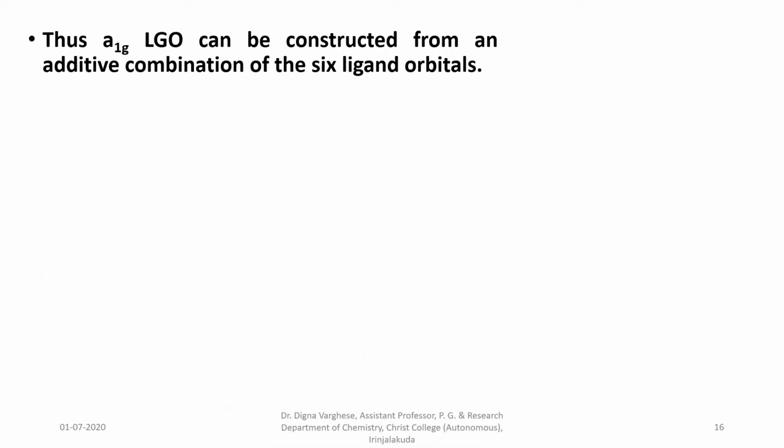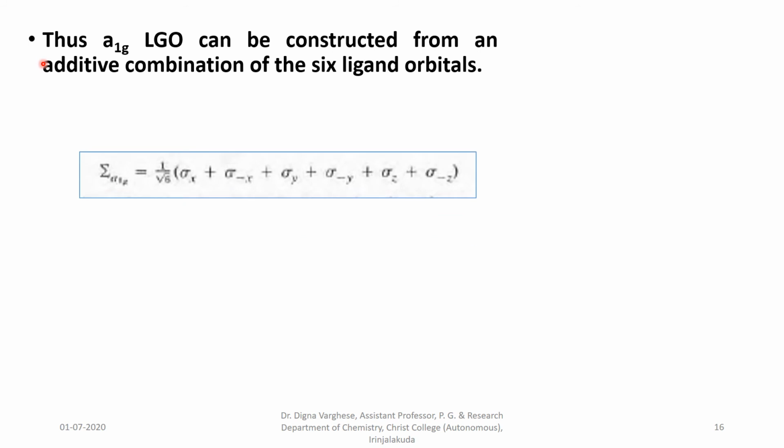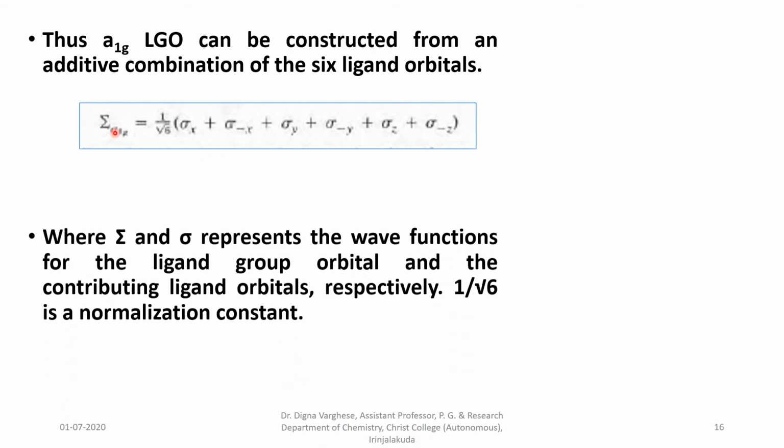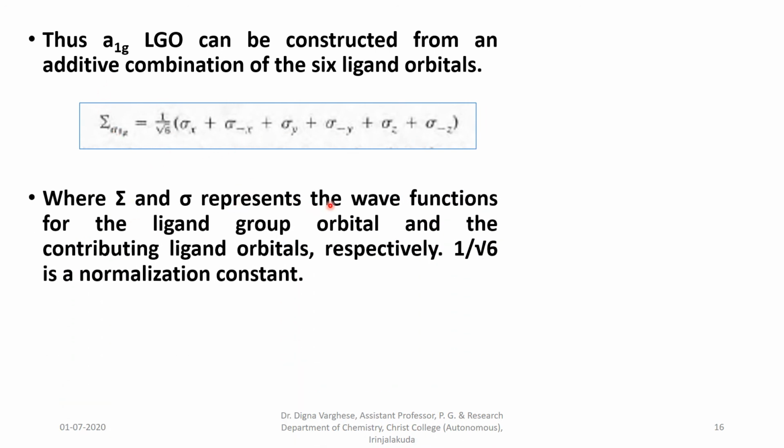The a1g LGO can be constructed from an additive combination of the 6 ligand orbitals, that is, sigma a1g equals 1 by root 6 times sigma x plus sigma minus x plus sigma y plus sigma minus y plus sigma z plus sigma minus z. In this, sigma represents the wave functions for the ligand group orbitals and the wave functions for the contributing ligand orbitals, and 1 by root 6 is the normalization constant.